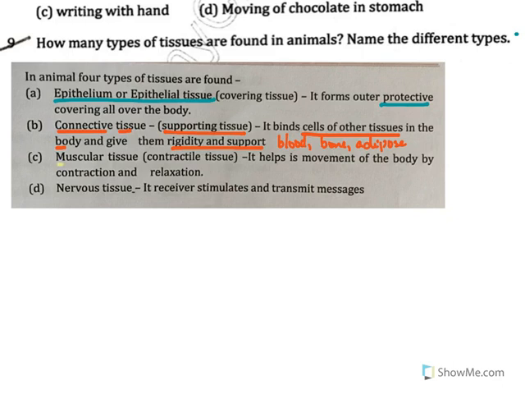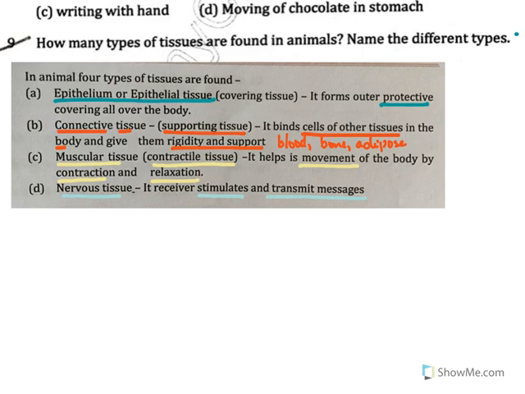Then we have the muscular tissue. It's a contractile tissue. It contains the contractile proteins, which help in movement and contraction and relaxation of the muscle fibers. And last, we have the nervous tissue, which receives and transmits messages.